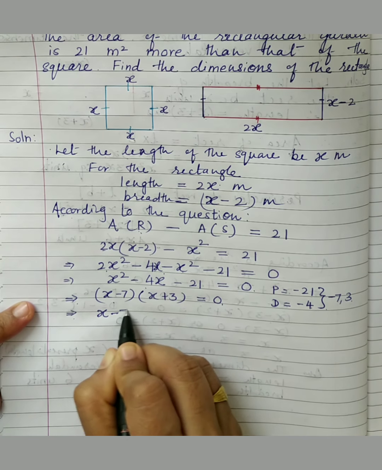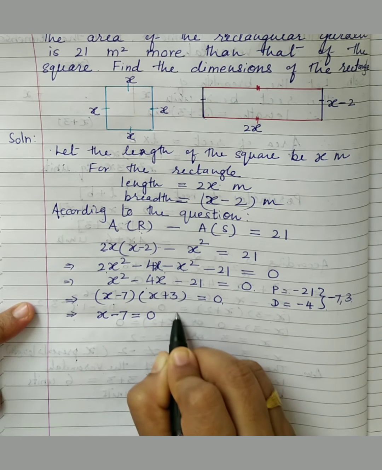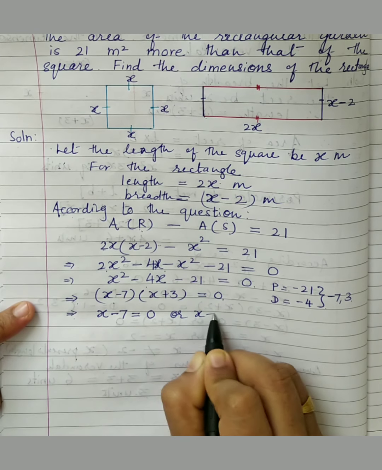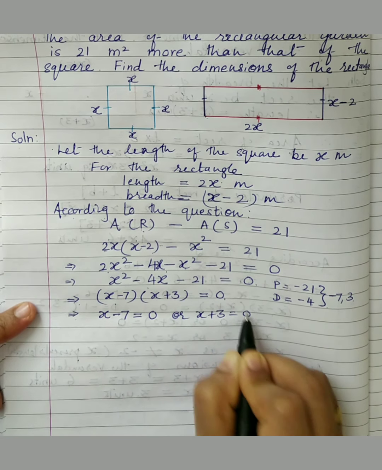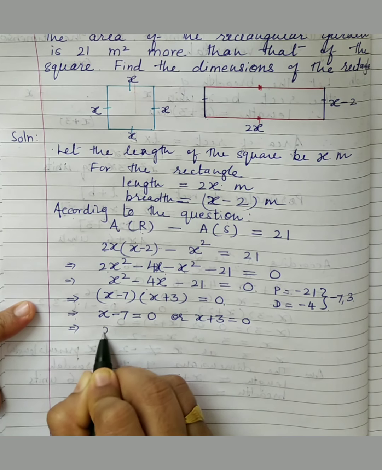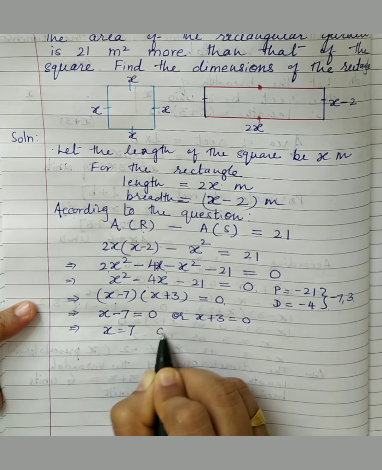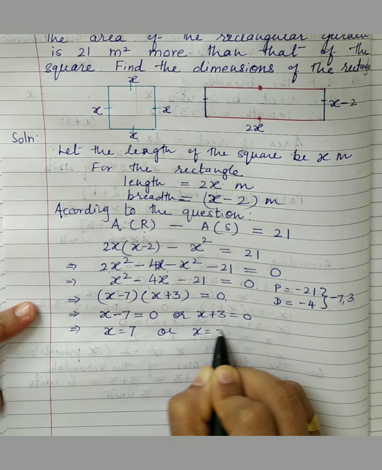So here you get x minus 7 is 0 or x plus 3 is 0. This gives us x equals 7, x equals minus 3.